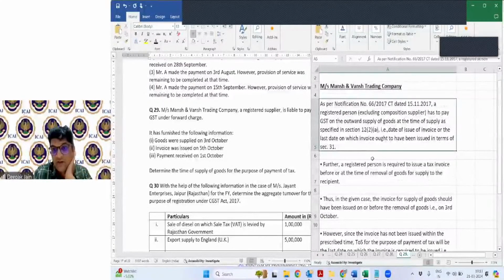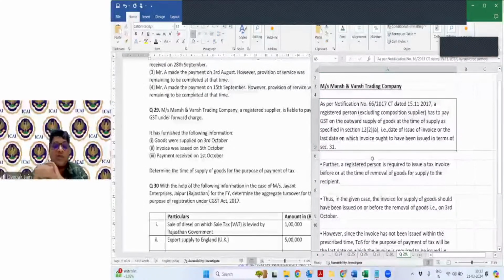As per section 31 is issue of invoice, but the invoice which ought to be issued, when it should be issued, is before removal of the goods. So in this case, goods have been removed on 3rd, so time of supply will be 3rd itself.